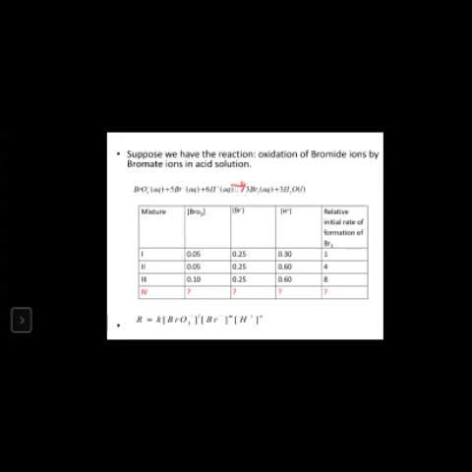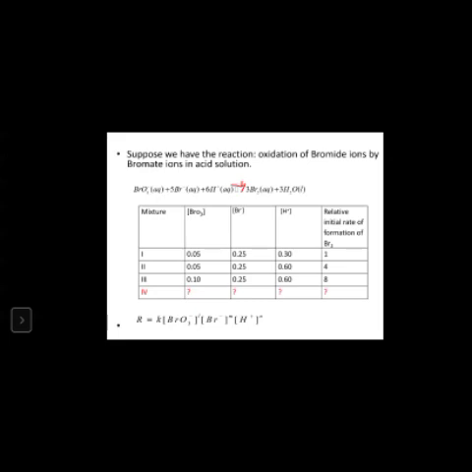When the rate of formation of the bromine water doubles, it means the order with respect to bromate is 1. If it increases 4 times, it is 2. If it doubles, it is 1. If it remains the same, it is 0.